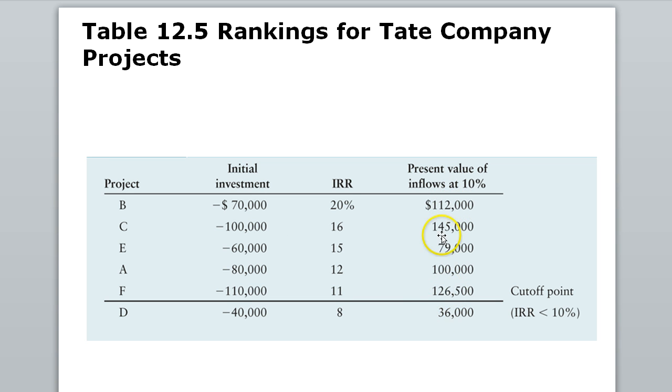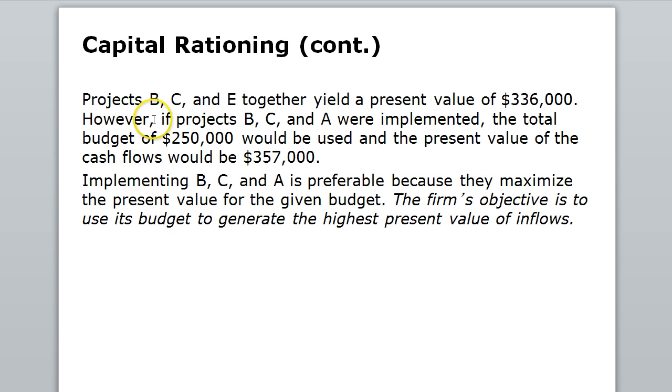So all these 5 are acceptable, only project D is not acceptable. If we look at projects B, C, and E together, they yield a present value of $336,000. However, projects B, C, and A, if they were implemented, the budget would be up to $250,000. So we could do B, C, and A.